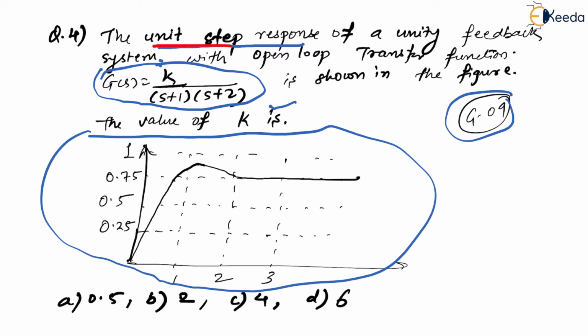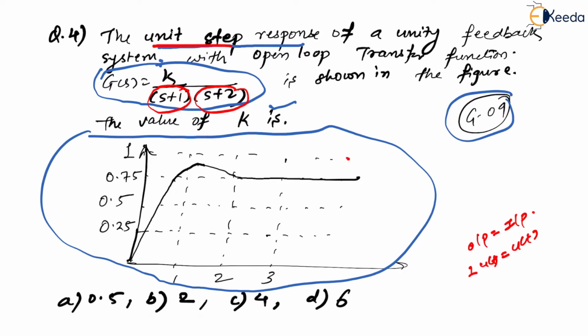Generally, if your system is stable, like here, at least from this open loop transfer function you can say the system is stable, right? Now, if your system is stable, you always get the output equal to the input. I mean to say, if your input is u of t, then your output will also be u of t, which means your amplitude has to be 1.